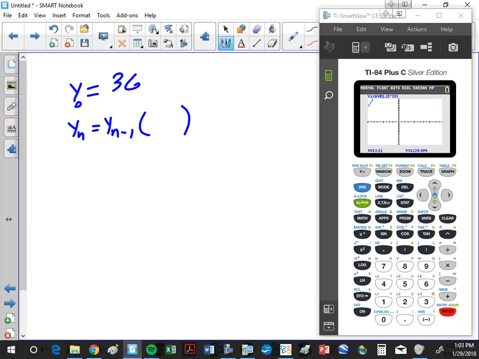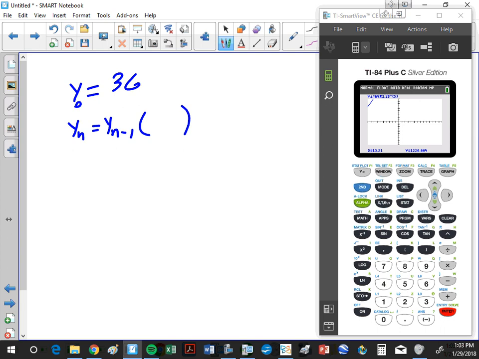So when I added 25%, I took 100% and I added 25%. So now I take 100% and I subtract 15%, which gives me 85%. So when we talk about losing value exponentially, you always state how much you keep.